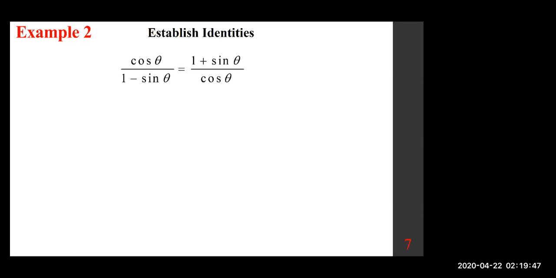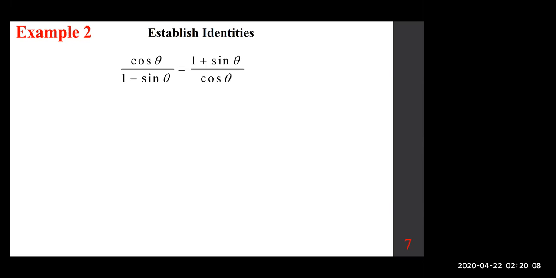In this example, class, again, we're going to use the same technique. We go from one side to the other, and really it doesn't matter. Generally speaking, if both sides seem to be on par when it comes to being difficult and complicated, it doesn't matter which way you start. Other than that, you start with the more complicated side.